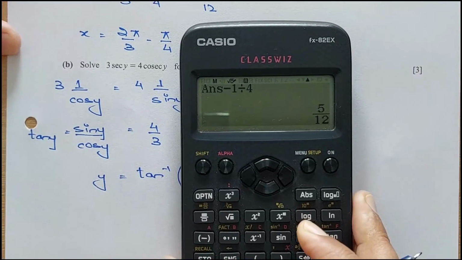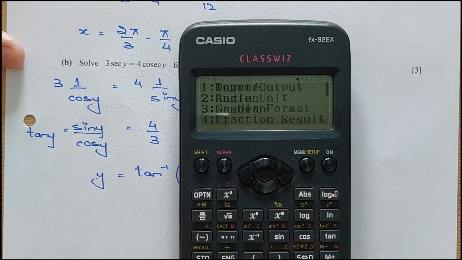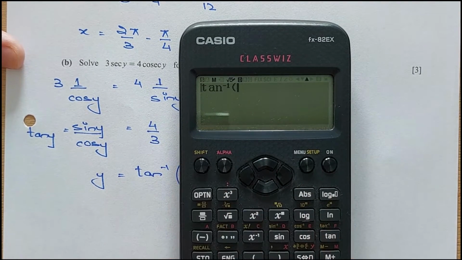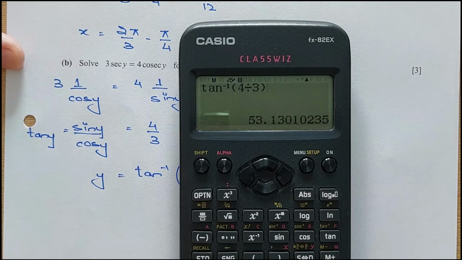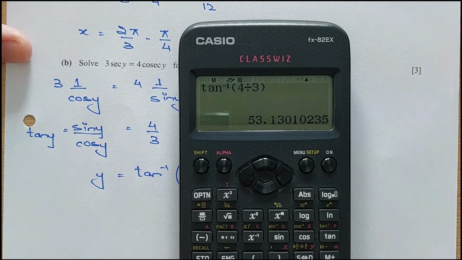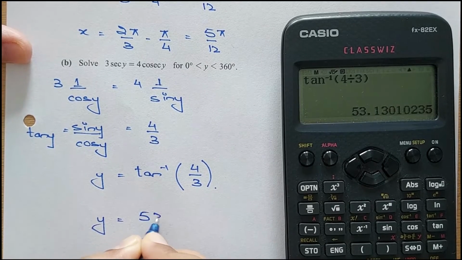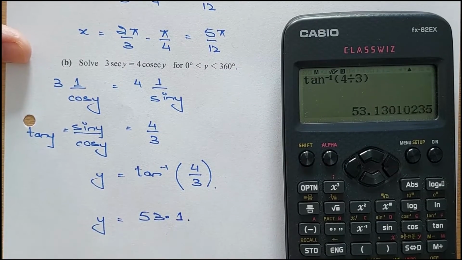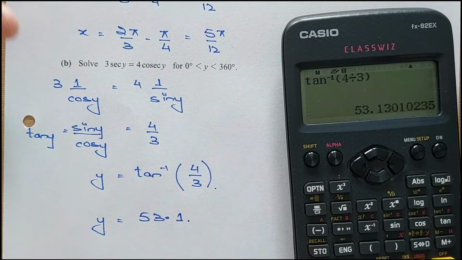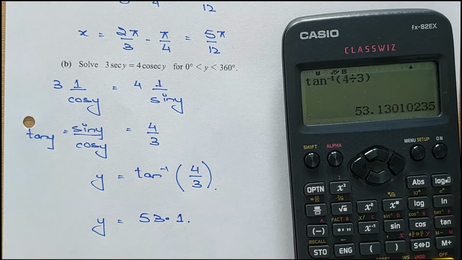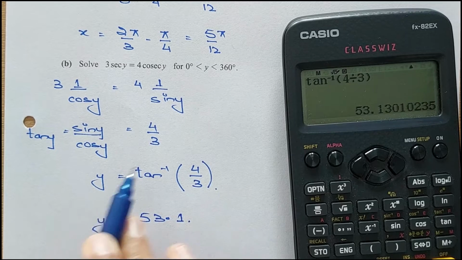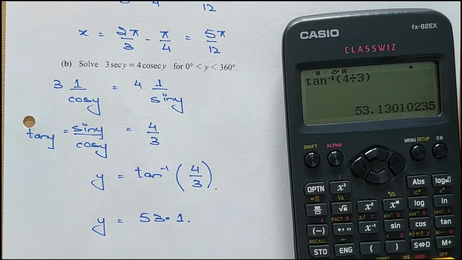Right. So let me solve this in degrees. Convert it into degrees and do tangent inverse of 4 divided by 3. We have 53.13 degrees. So y equals 53.1. The domain is between 0 to 360. Tangent is positive, so it is positive in the first and in the third quadrant.